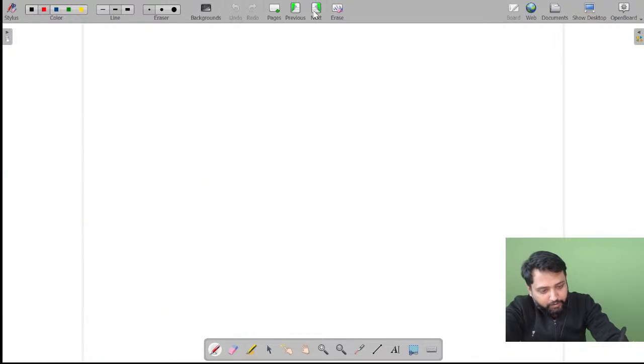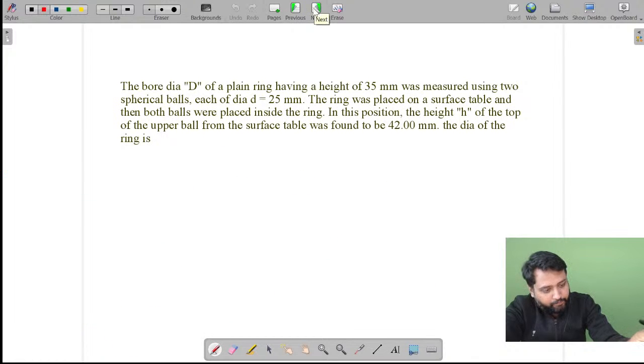We have this. They are saying that the bore diameter of a plane ring gauge having a height of 35 mm was measured using two spherical balls. Okay, so now they are measuring the bore diameter of plane ring.